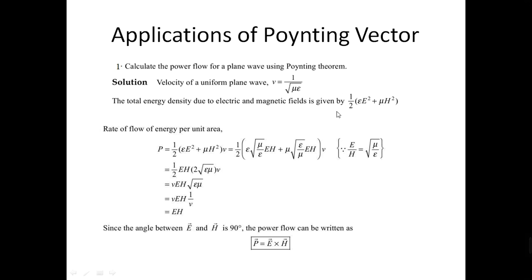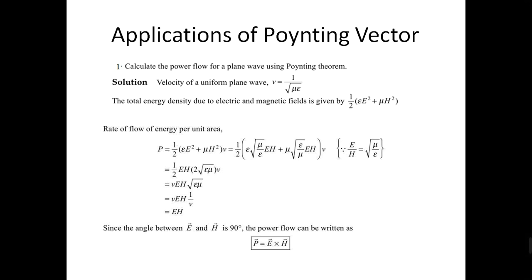Now the rate of flow of energy per unit area can be obtained as P equal to half into epsilon E square plus mu H square, into the velocity of the uniform plane wave.